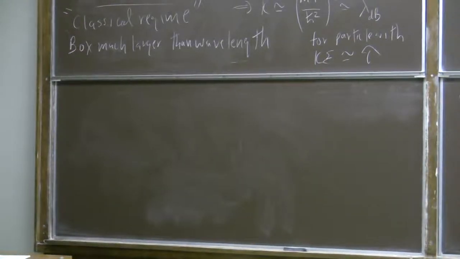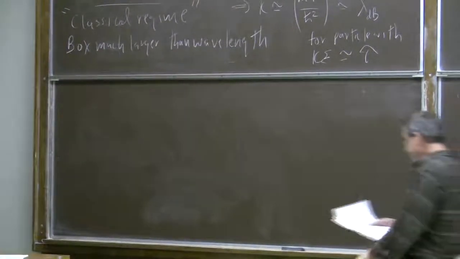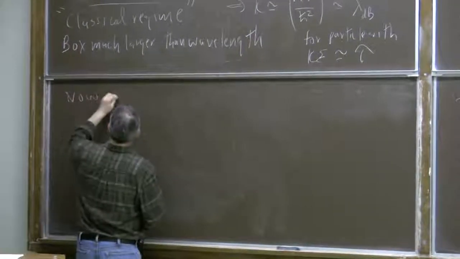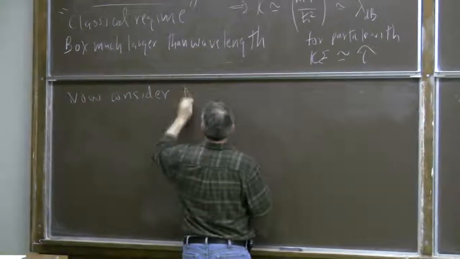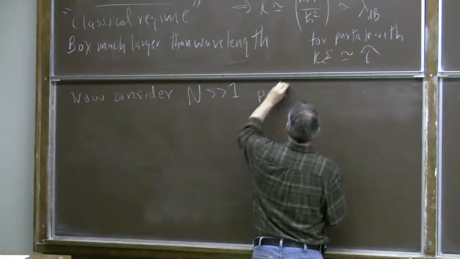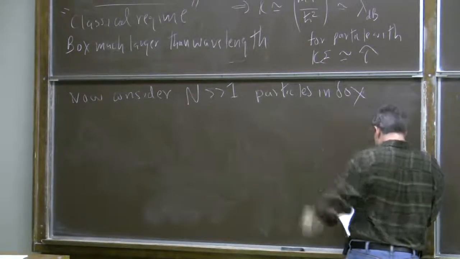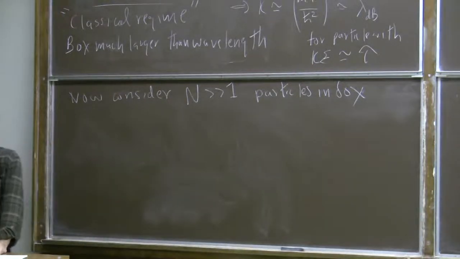Okay. But now we want to consider putting many particles in the box. So now consider n, large compared to 1, particles in the box. And I want to compute the corresponding partition function for that case.